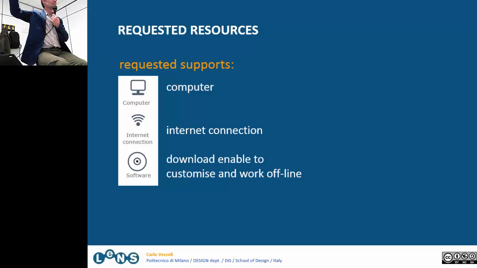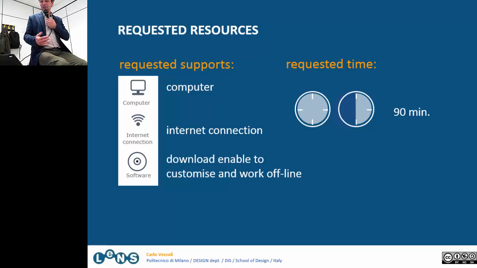It's not your computer in a server somewhere. So it's like a web simulation, because this is a web-based tool, so it makes your computer act as being on the internet. Okay, and the time that is requested is a maximum of an hour and a half.